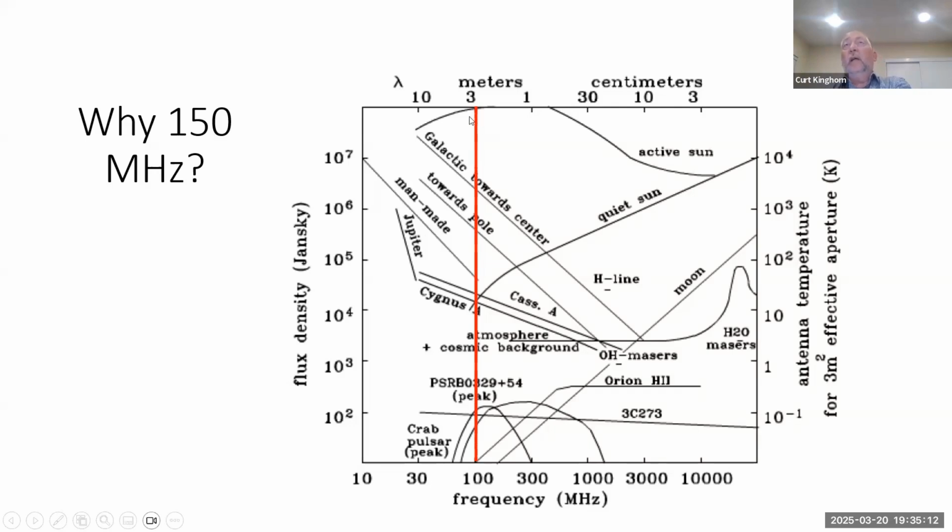As you go up in frequency, the galaxy towards the pole, Cassiopeia, Cygnus A, those go down in strength, and if you go to lower frequencies, they're brighter. That's good news. The bad news is that as you go to longer and longer wavelengths, the antennas tend to have to be bigger. So that's the trade-off. But I thought it would be interesting to see what's happening down here at 150 megahertz.